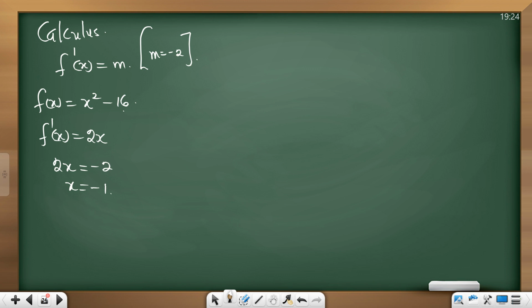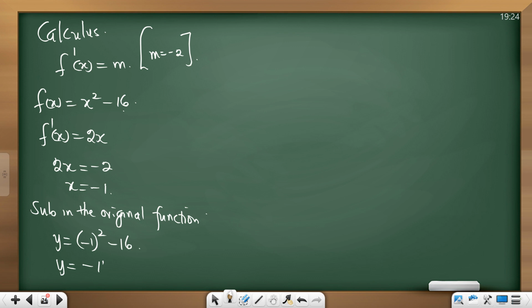But we need the y value. How do we get the y value? We substitute in the original function. What are we going to have? y would be what? Negative 1 squared minus 16. What is that? Negative 15. Somebody's saying, let's see if we are going to get this 17. But now we know the equation of a line.